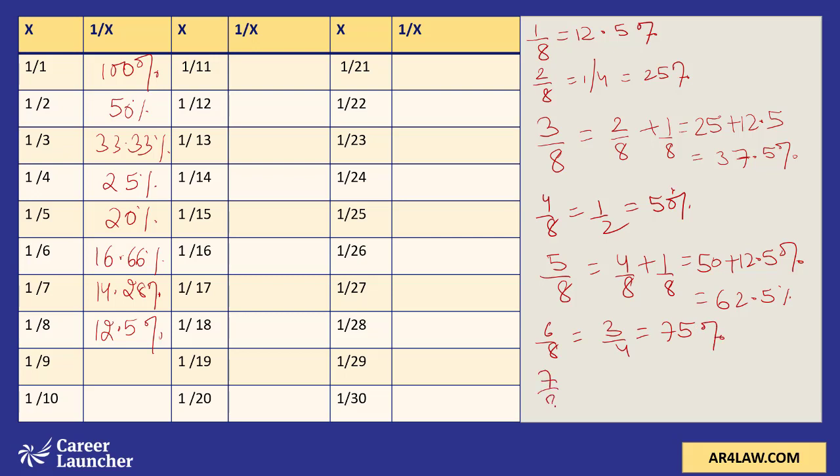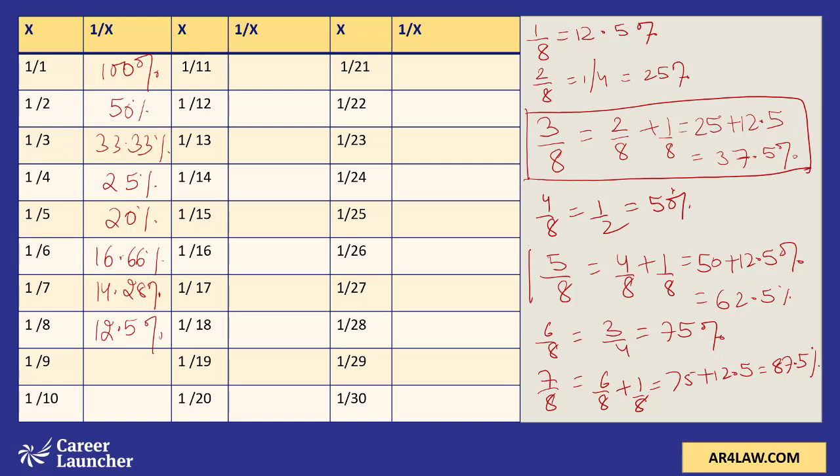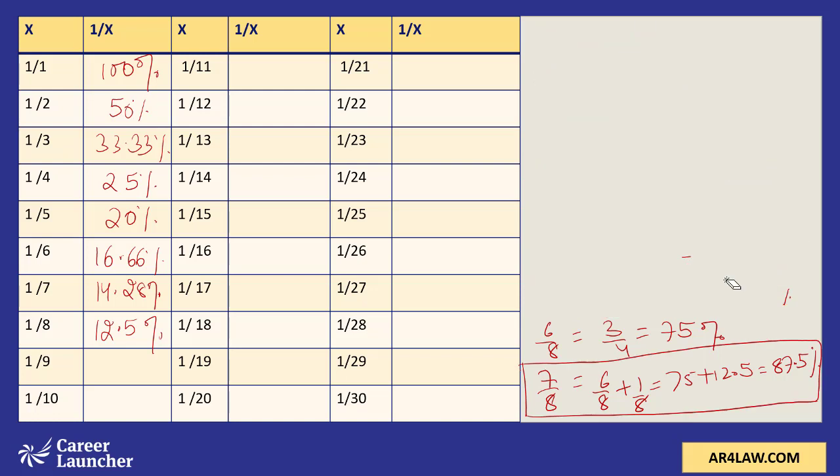And my 7 by 8 is 6 by 8 plus 1 by 8. So it's gonna be 75 plus 12.5. It's 87.5%. So you should have 3 by 8 with you. You should have your 5 by 8 with you and 7 by 8.